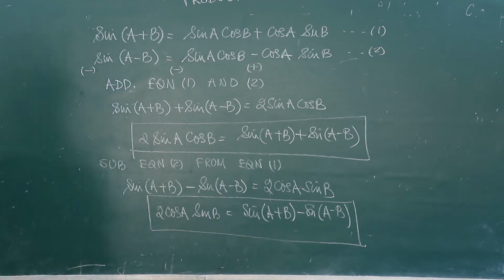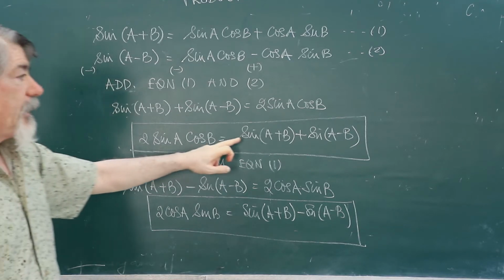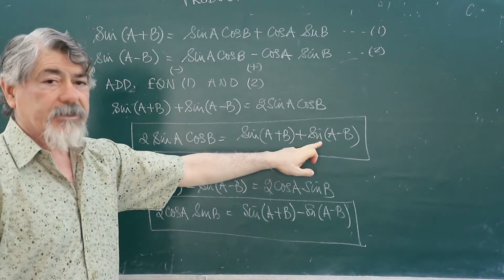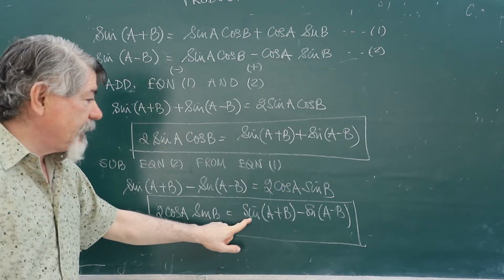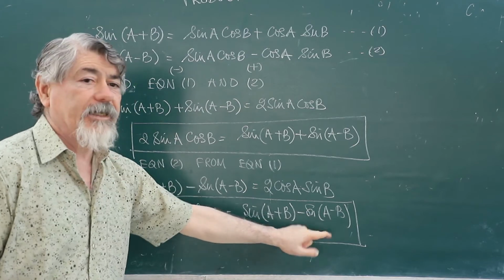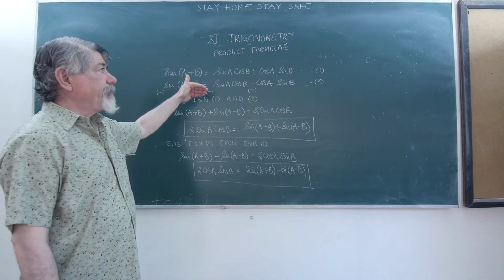2 sine A cos B is sine A plus B plus sine A minus B, and 2 cos A sin B is sin A plus B minus sin A minus B. And how have we obtained them?